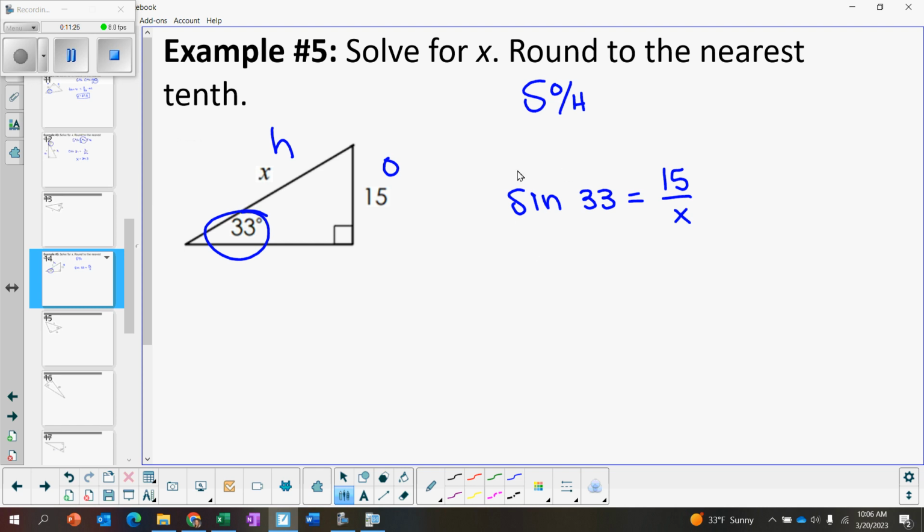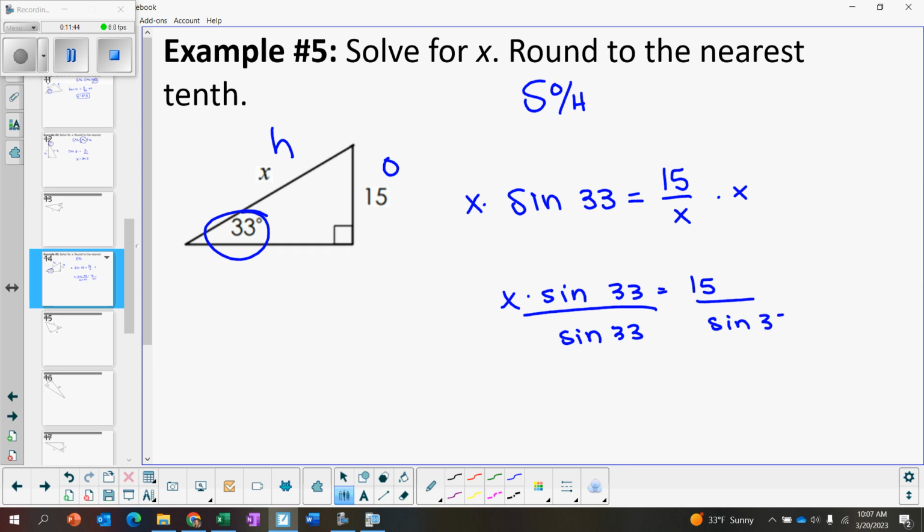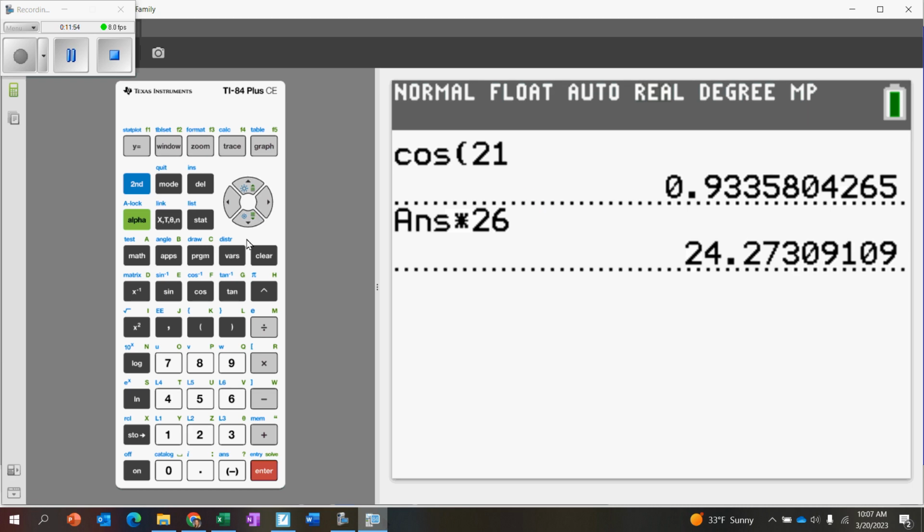So when I find the sine of 33, I'm no longer going to multiply by 15. What's really happening is I'm multiplying by x, technically, and then I'm dividing by the sine of 33. So in my calculator, I'm really doing 15 divided by that. So I have two choices.